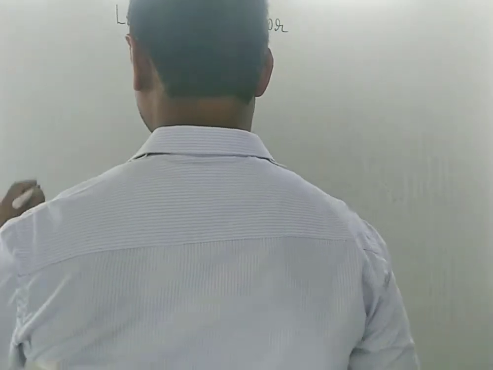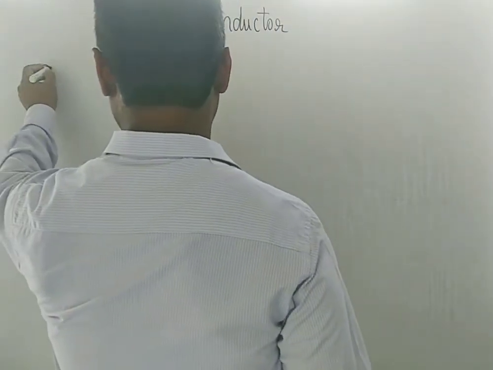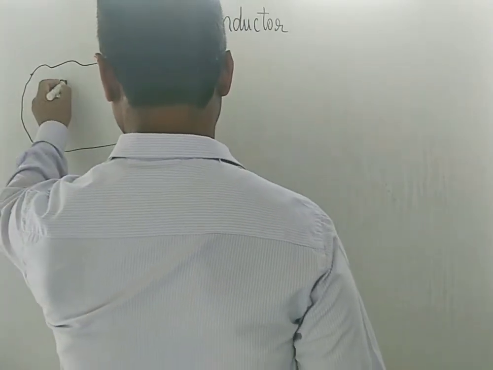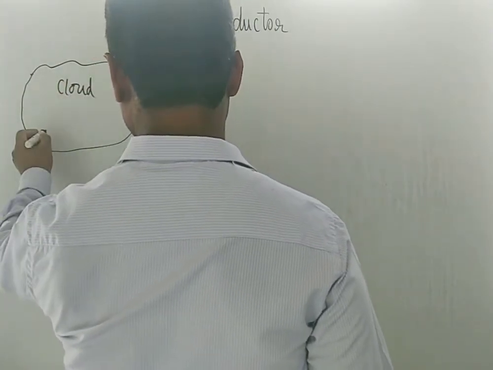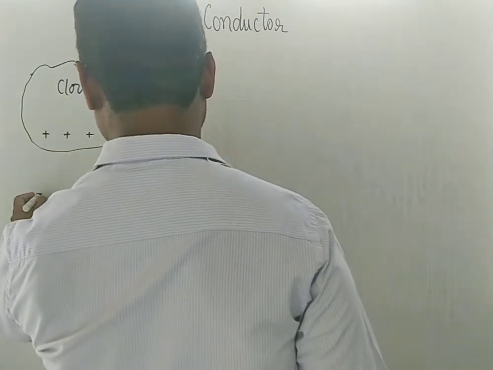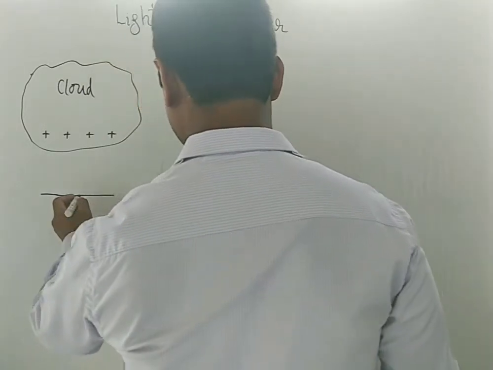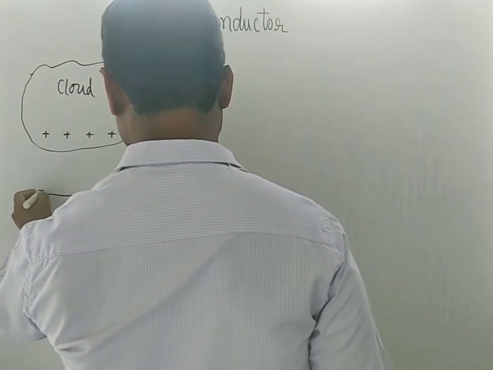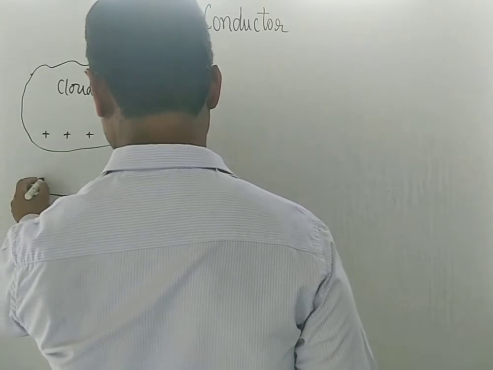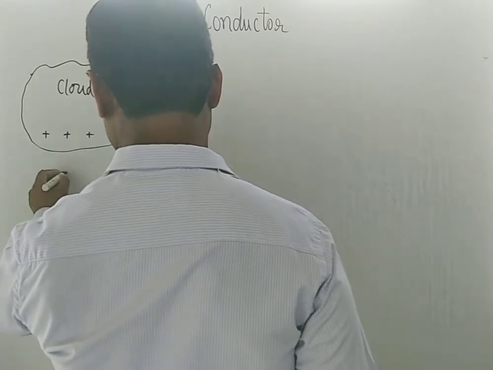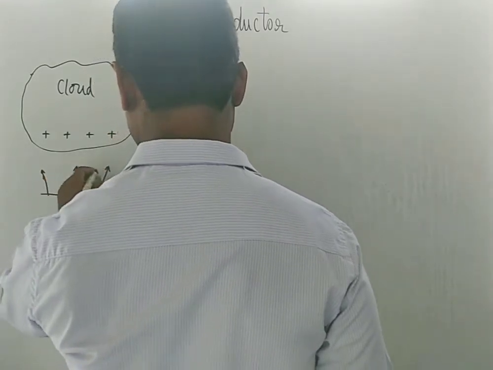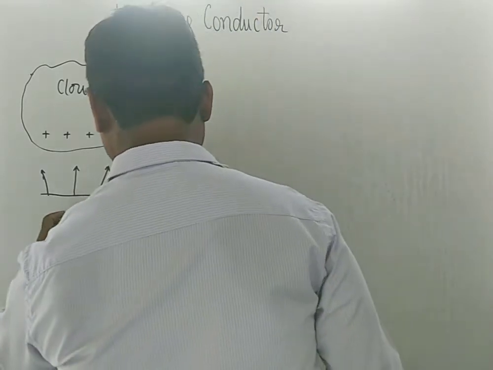Let's see. Suppose here we have clouds, and clouds carry positive charges, and this lightning conductor generally consists of a pointed end on one side, and the other side is connected with a long thick copper strip.